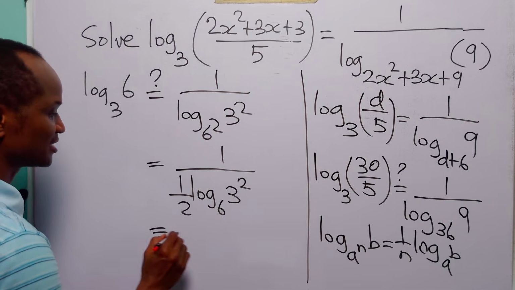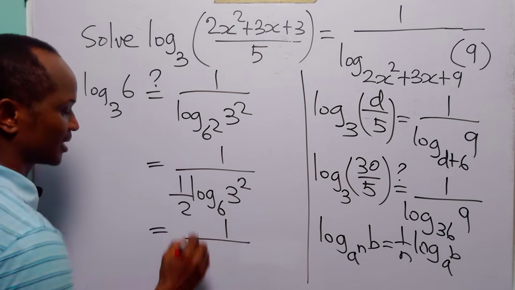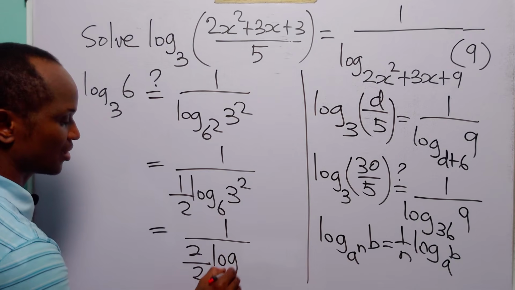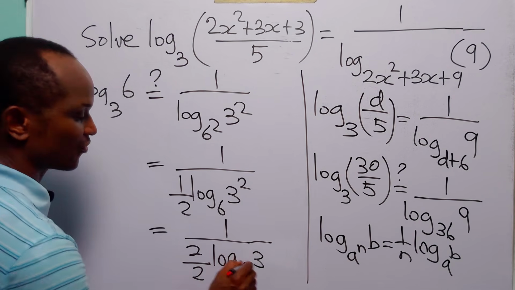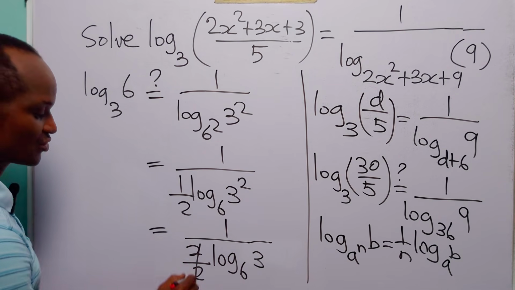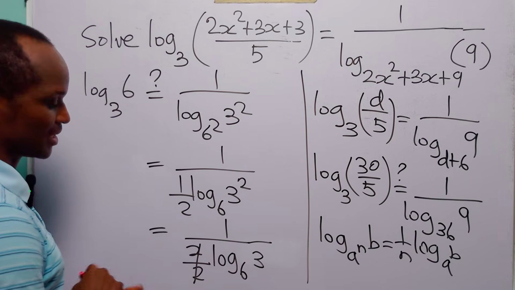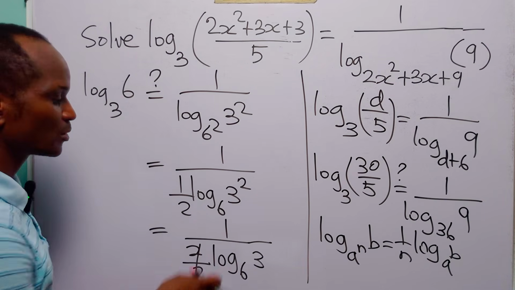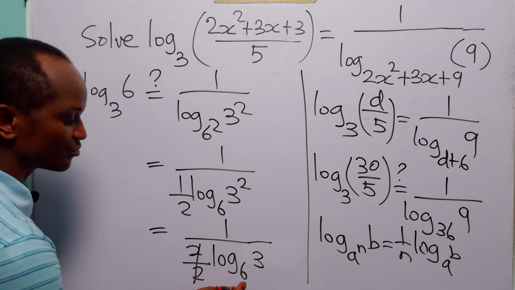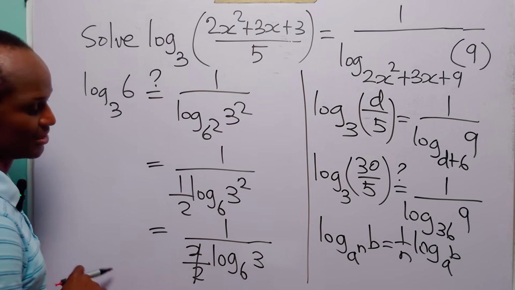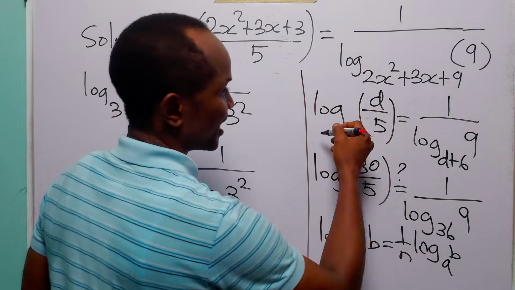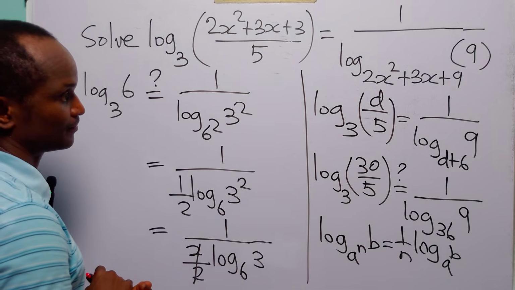When we do that, this becomes 2 over 2 times log base 3 of 3. 2 over 2, of course, is equal to 1. And you know that log base 3 of 6 is equal to 1 over log base 3 of 3. So d equal to 30 satisfies this equation.